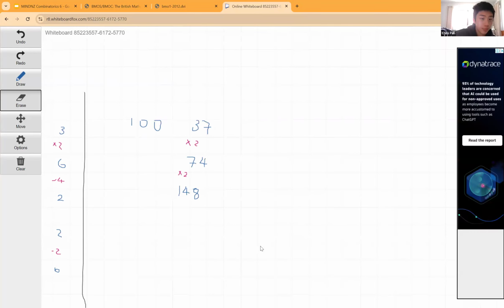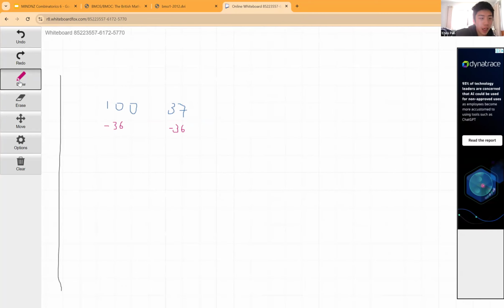So this kind of leads us to think, hey, let's make this number a little less big, right? 37 is a bit too big, but we have an operation we can do to make it smaller. Let's subtract 36 from both sides. So now we have a very nice small one on the right side. And we still have a somewhat decently big 64.